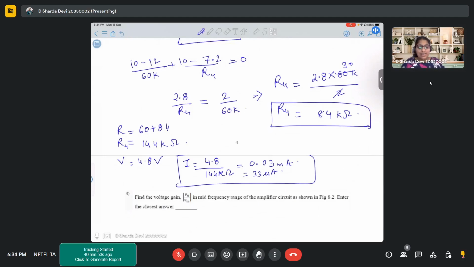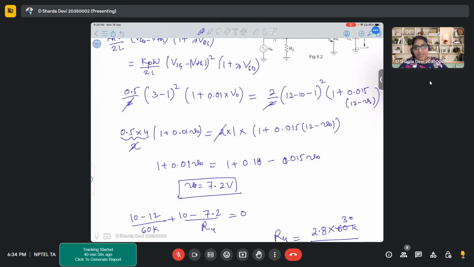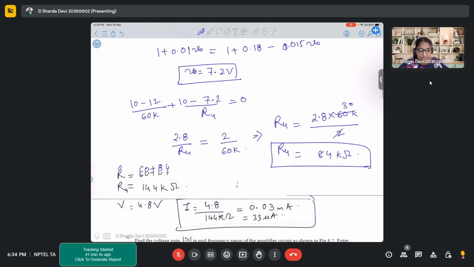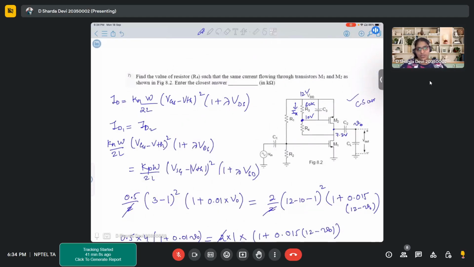If you consider the exact value of current with 1 plus lambda VDS, it will definitely increase by some amount. It is always much higher compared to your biasing branch, so you could safely ignore it.